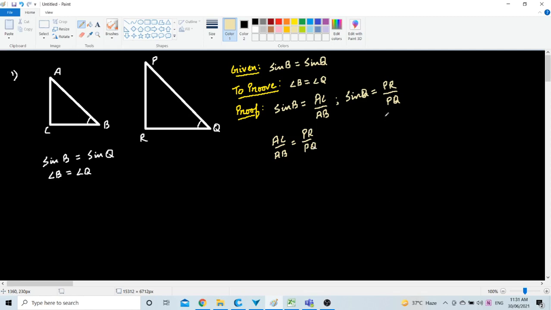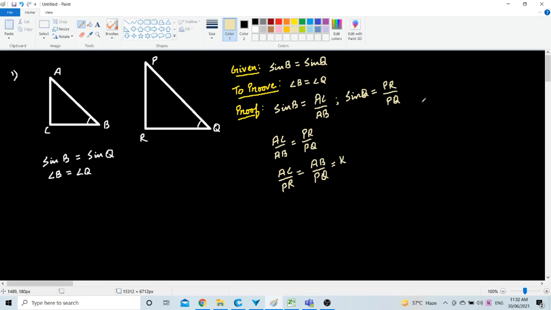Now if we make it a cross multiplication, this will be like AC upon PR equal to AB upon PQ, right? AB upon PQ. And let's consider it to be equal to K. Just we can consider it.